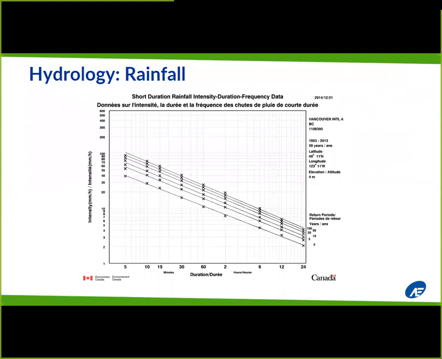Now, the other thing that happens is that these curves tend to be updated every 5 to 10 years. And if you put the graphs together for a single location, what you tend to see is that over the last 20 to 50 years, the rainfall intensity has been increasing already. So City of Surrey, for example, when they did their detailed study, they noticed that over the last 20 to 30 years, the rainfall intensity that they had been using had already increased by 20%.